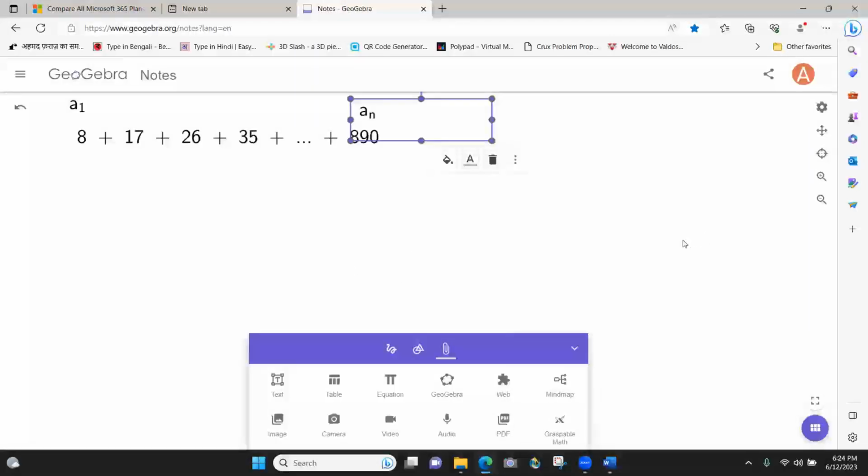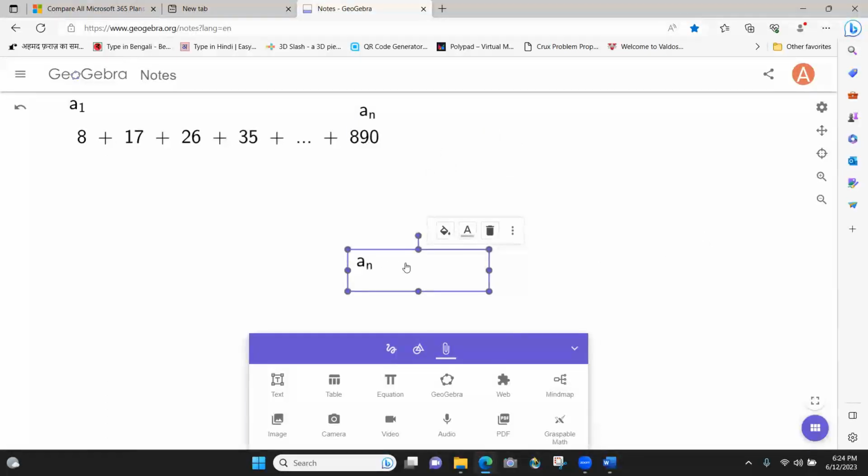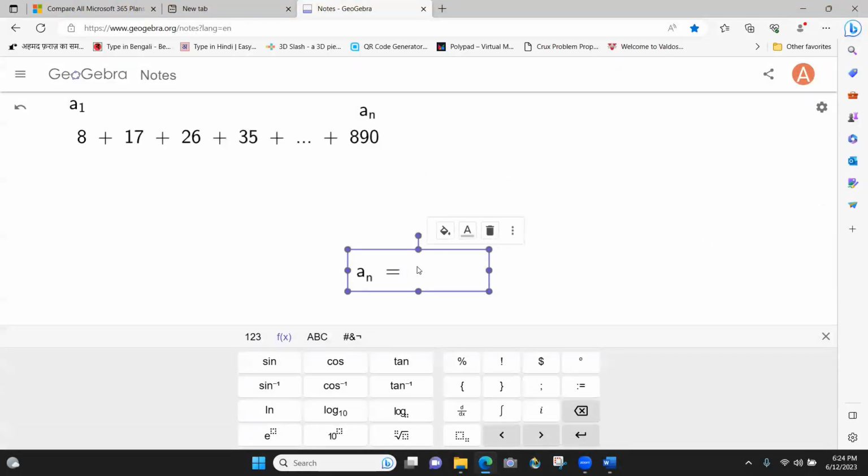All right, now A subscript N, I have a formula, is equal to A subscript 1 plus D times N minus 1.